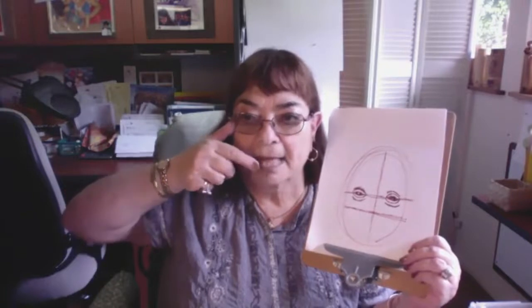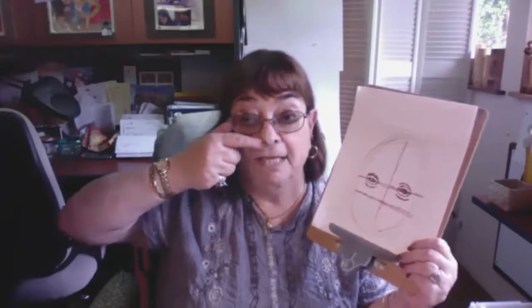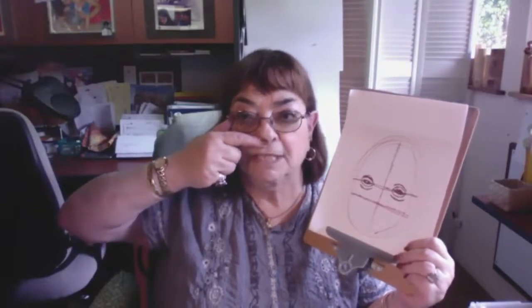Now here again, you can prove this to yourself. If you put your thumb on the outside of your eye and put your index finger on your nose, but please no digging in your nose, okay? If you put it on the nose and then swing that around, it should come out at the chin.